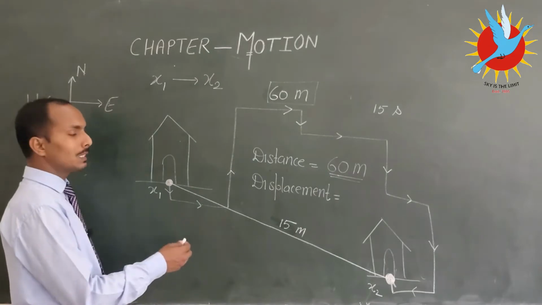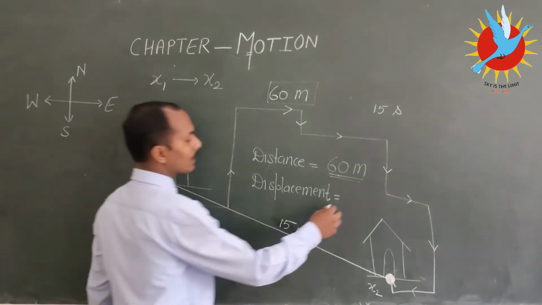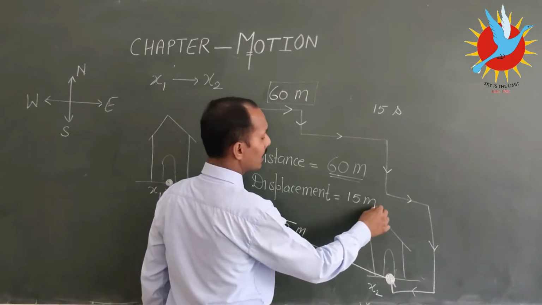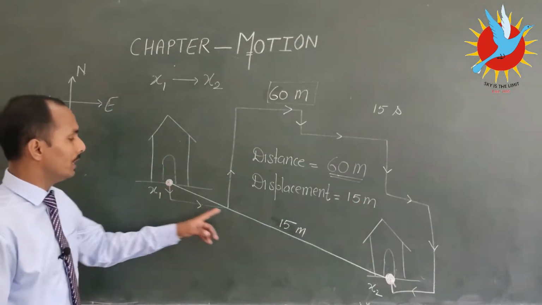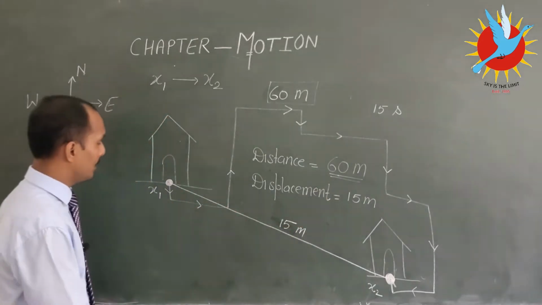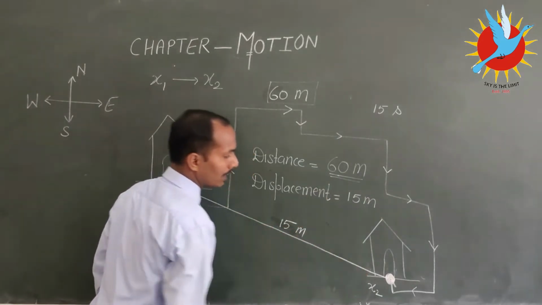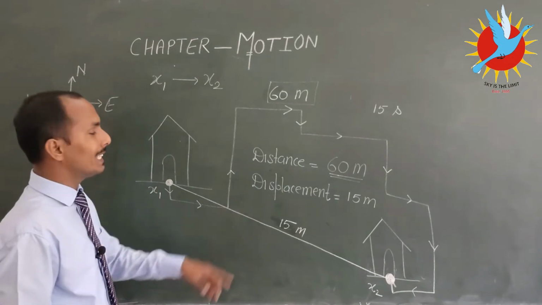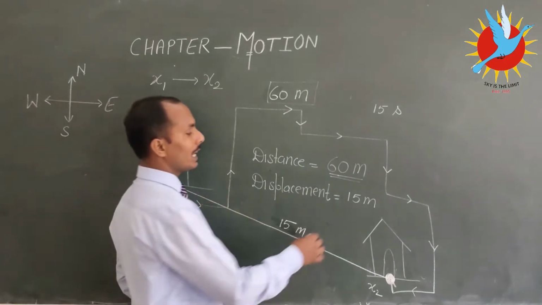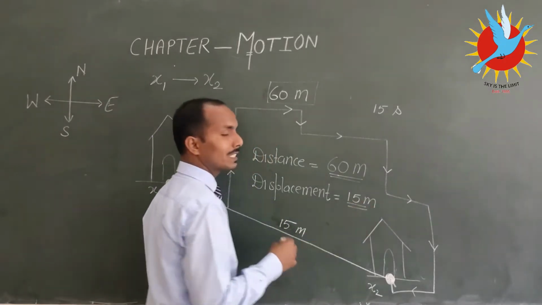Then the displacement is the shortest path, and its value is 15 meters. Displacement is a vector quantity, and every vector quantity has magnitude as well as direction.